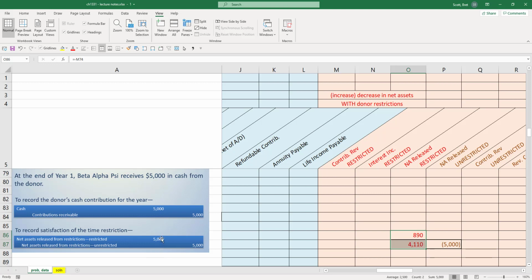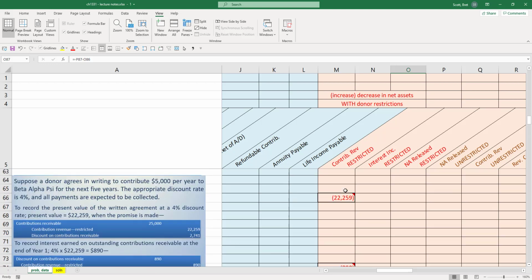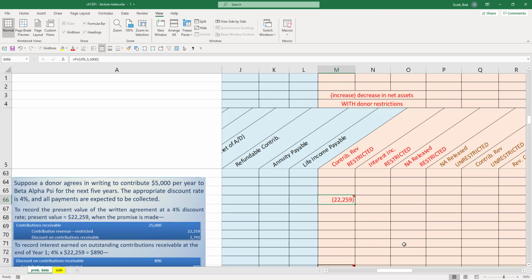But I'm here to tell you that that $5,000 represents two components. One is the $890 in quote-unquote interest receivable, interest from the present value calculation of $890, and the other portion of the $5,000 represents release of this $22,259.